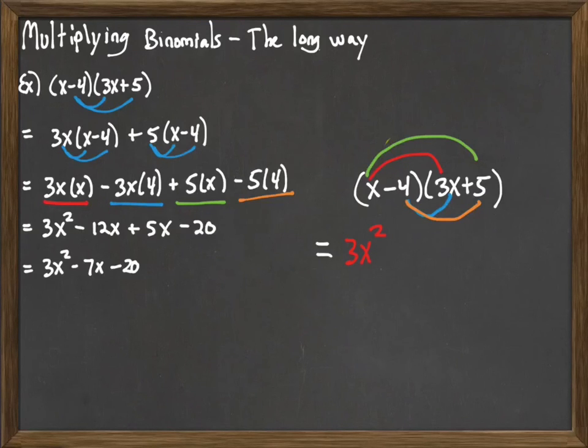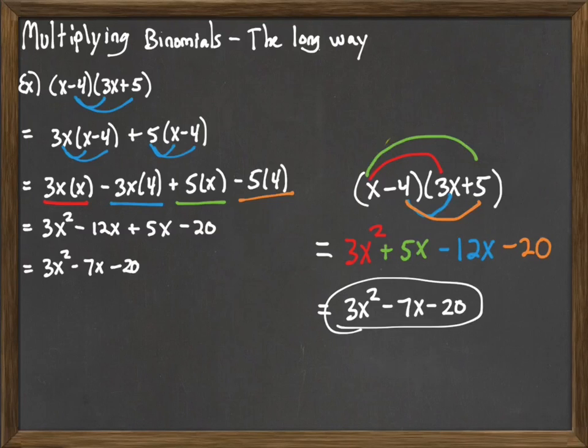X times 5 is where I get my 5x from. So I'm actually going to write that first. So taking the first term there, x times both of the things in the other one. And then 4 and 3 is where I got my minus 12x. And then 4 and 5 is where I got my minus 20. And then we can just combine like terms like we did before.